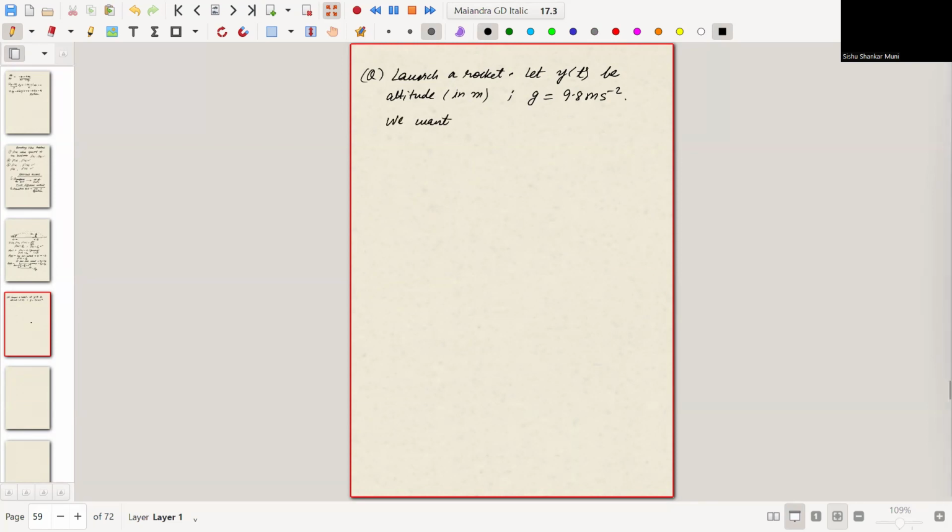Let me write it here. Starting from 0 till 5, within 5 seconds, the rocket should be 50 meters above the ground. Then to achieve this, what should be the velocity of launching?